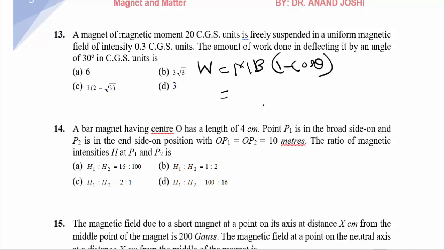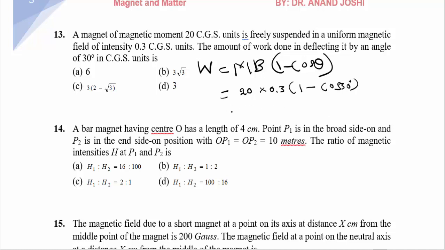Using this, m is 20, B is 0.3, 1 minus cos 30 degree.